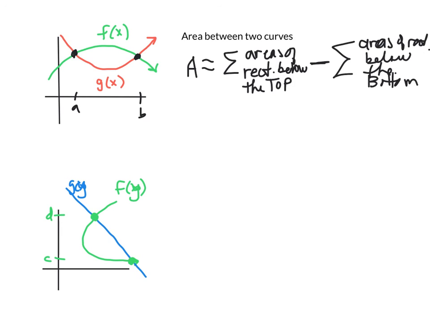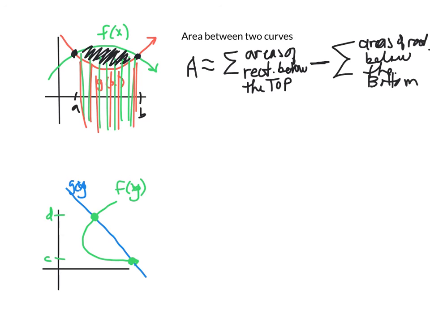And so what's between then would be this. So it's this idea that you are finding the area below f of x, all of it, and then you're subtracting from it the area below g of x. And then what you're left with is this in between. And that's what you're after. Okay?